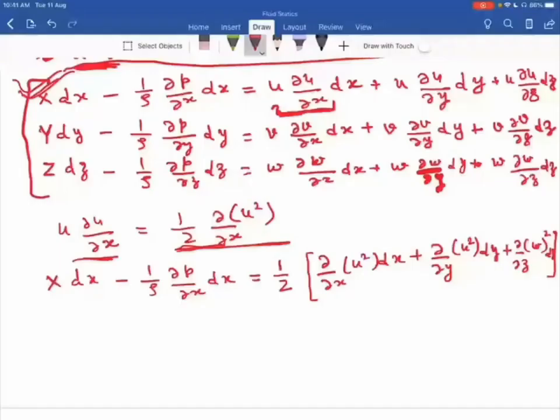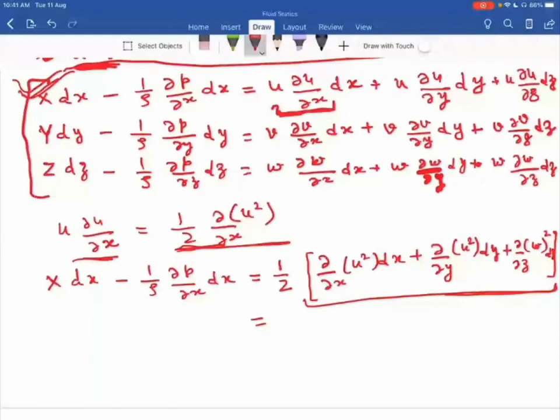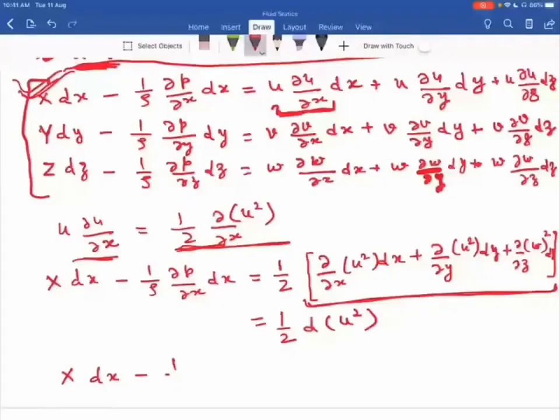ठीक है? Now what is this term? Now this term is total derivative of u square. So now you have the simple relation as X dx minus 1 by rho ∂p/∂x dx equal to 1 by 2 d of u square.